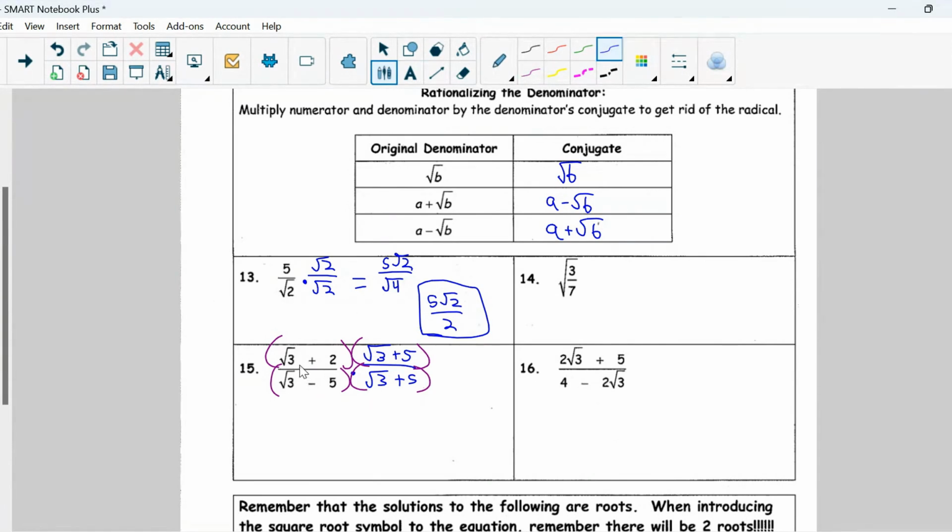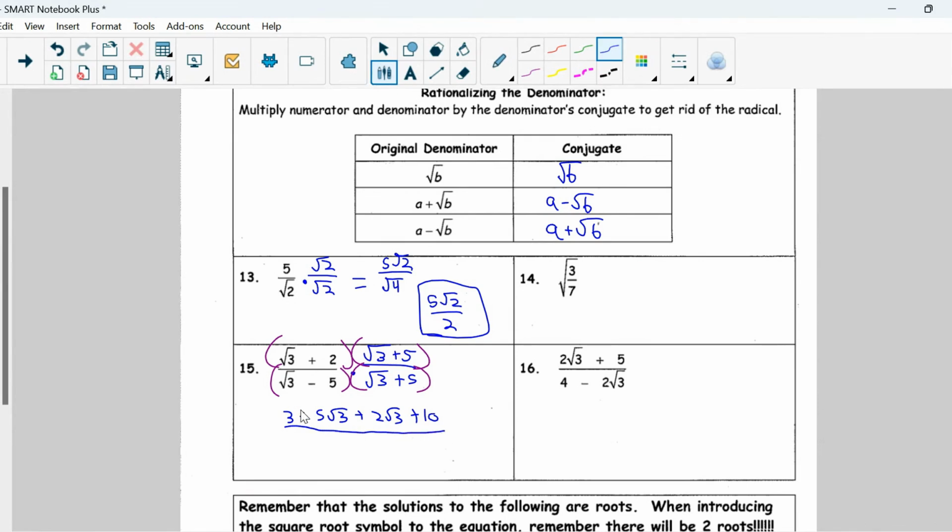So we have square root of 3 times square root of 3, which gives me 3. Square root of 3 times 5, we can just make 5 square roots of 3. 2 times the square root of 3, which gives me 2 square roots of 3. 2 times 5, which gives me 10.